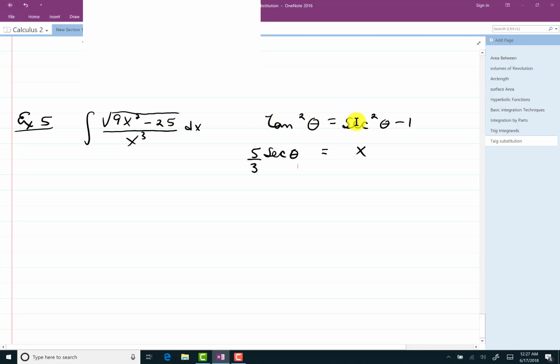Then I can go ahead and use an identity like this. So let me take the derivative of this. I get 5/3 secant theta tangent theta d theta equals, and this is really nice because this side is just dx.